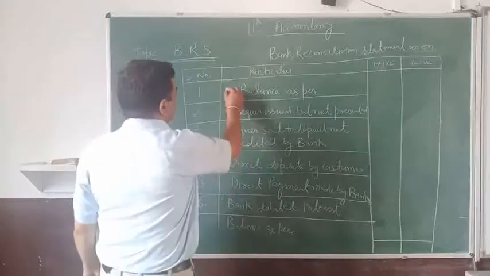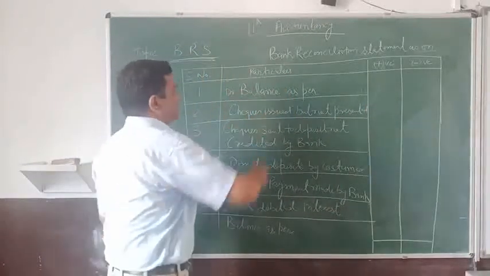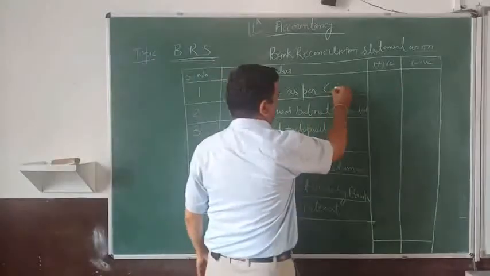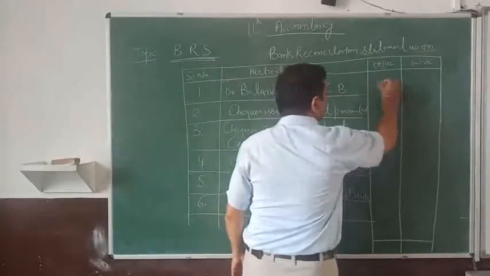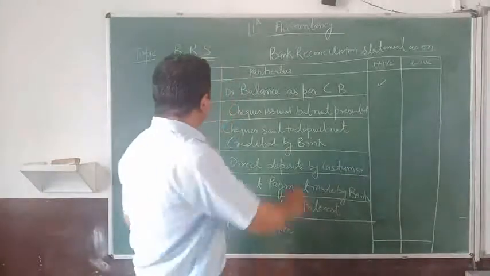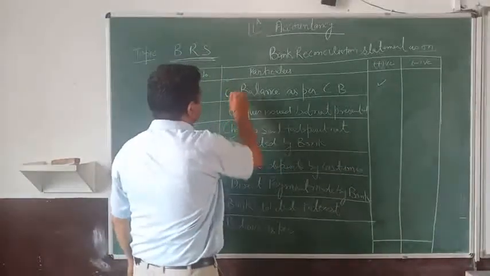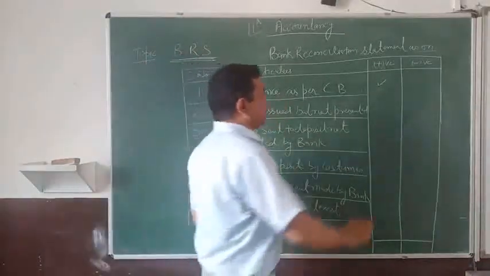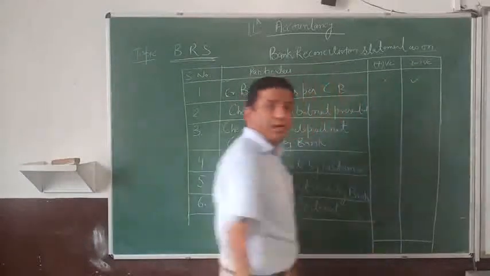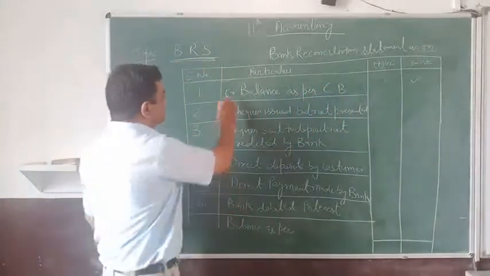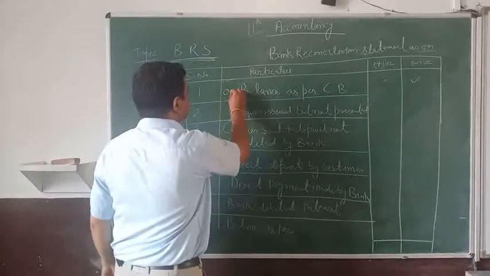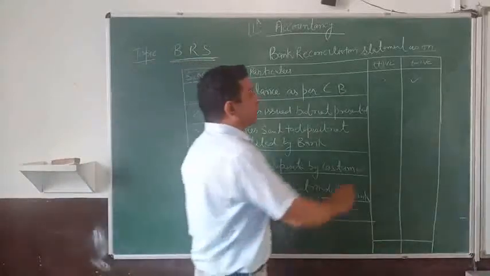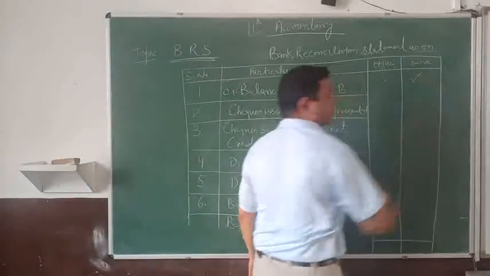Suppose this is the debit balance of cash book. It should be in the positive column. If it is credit balance of cash book, it should be in the negative column. If it is overdraft balance of cash book, it should be negative.